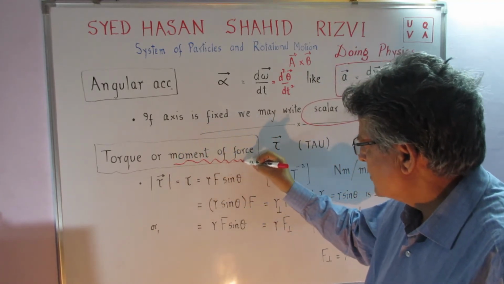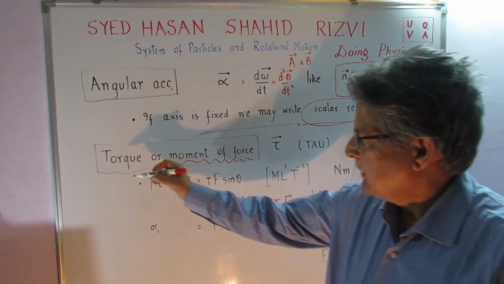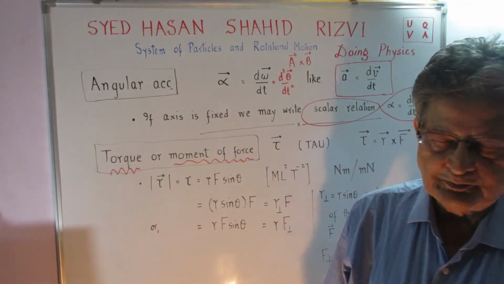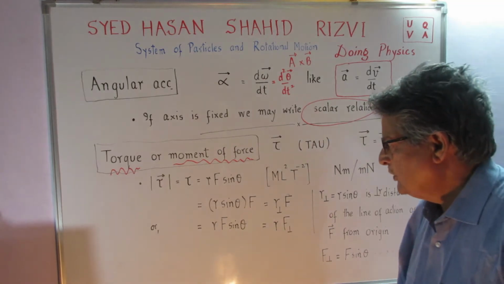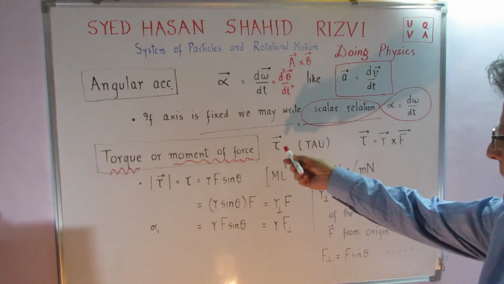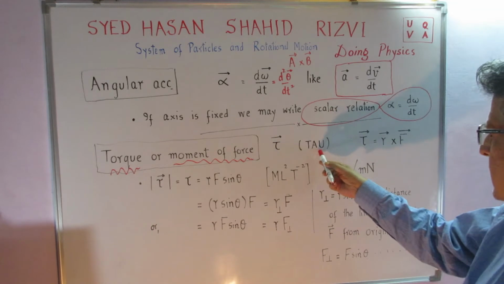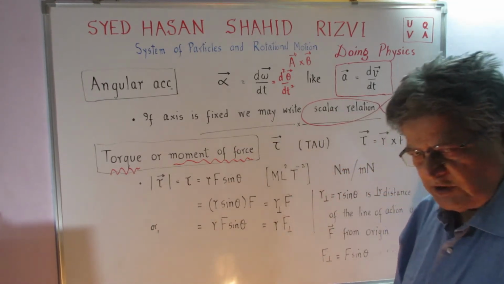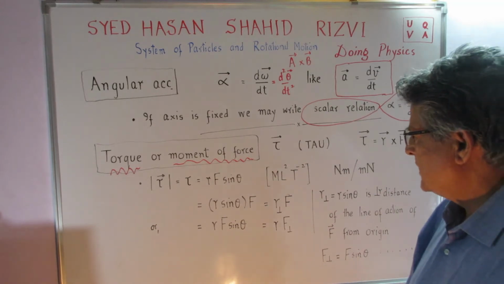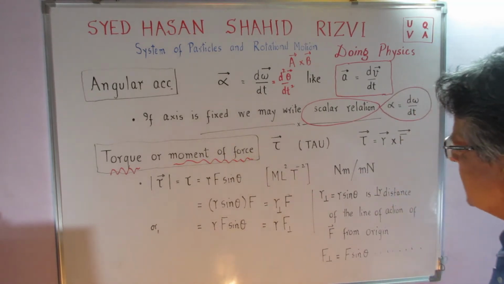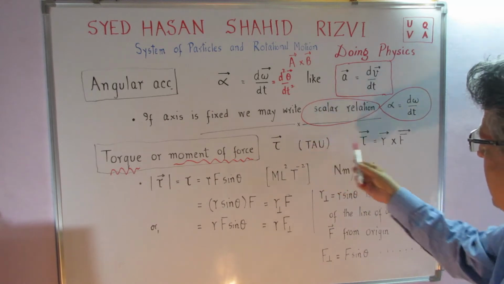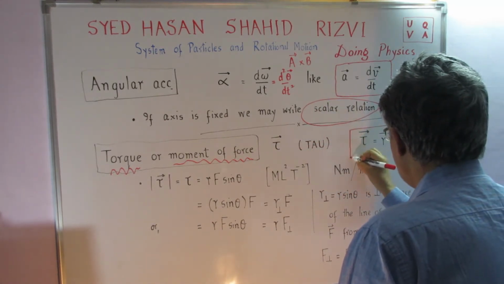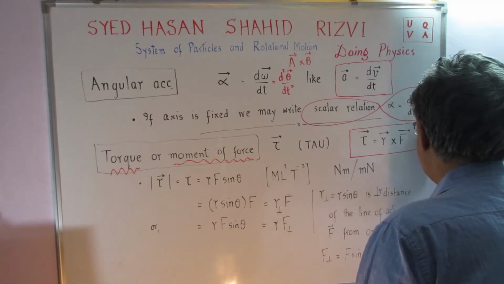It has got a singular name, and we call it the torque, which is represented by the Greek letter tau, I'm writing TAU. In northern India, tau means father's elder brother. So I can define this tau as r cross F.